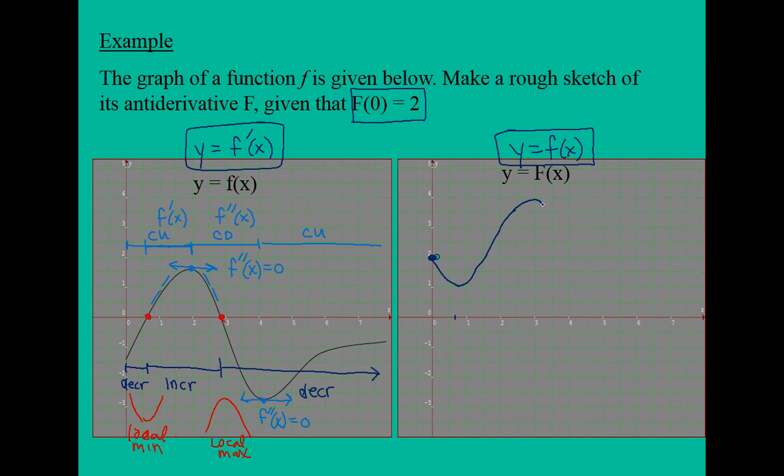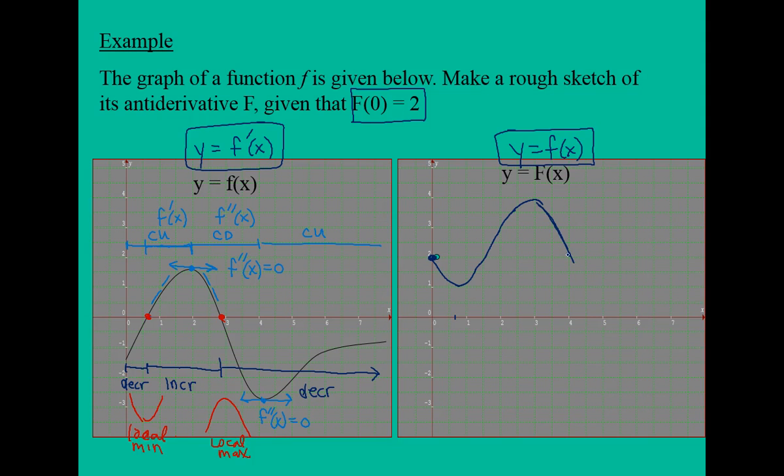So we are decreasing now and concave downward, and a little after 4, we're going to be changing concavity. So let me mark off 4 here. We have this general shape, but now we're changing concavity.